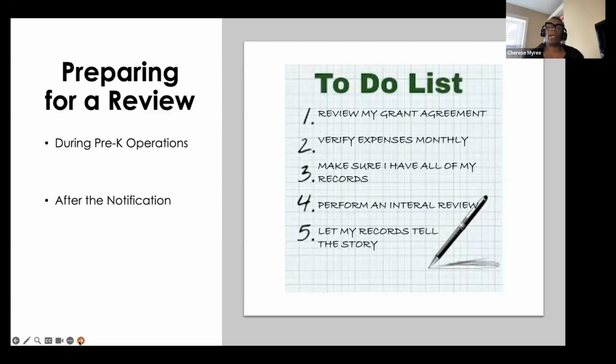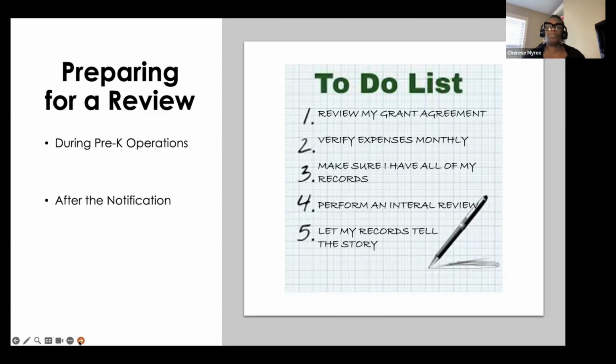As the year is going along, you want to verify your expenses on a monthly basis. Do not wait until the end when it's time to do your reconciliation to now try to come up with all the records. A best practice is every month, look at what you spent and track it each month by the reconciliation line item numbers. Make sure you have all the documentation you need to support those expenses, right?